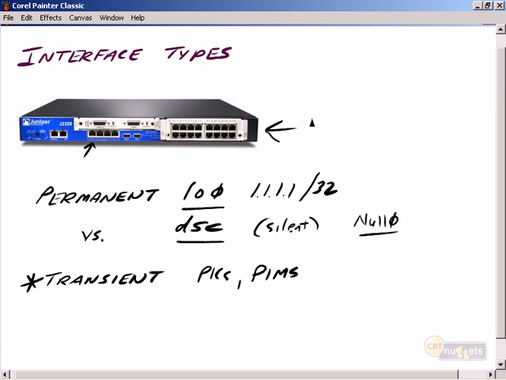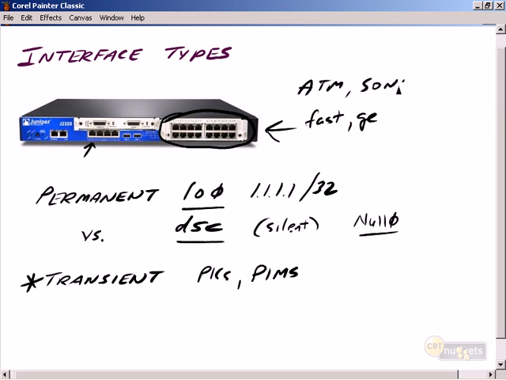So for example, we might want to provide transient interfaces for Fast Ethernet to add additional Fast Ethernet functionality, or gigabit Ethernet functionality, adding these 16 ports here, for example, these 16 gigabit ports. But you may also need them for, let's say, ATM connections, asynchronous transfer mode, fiber.